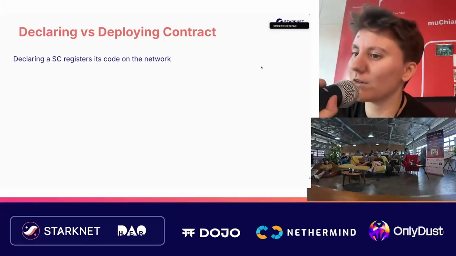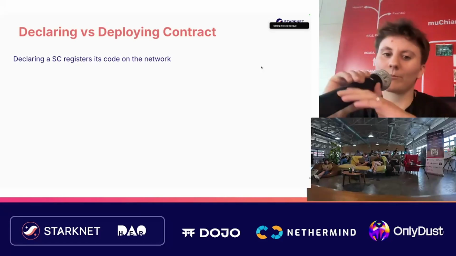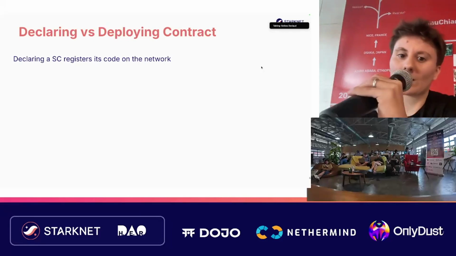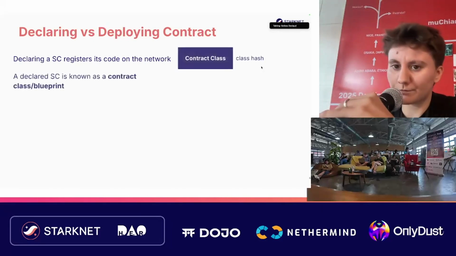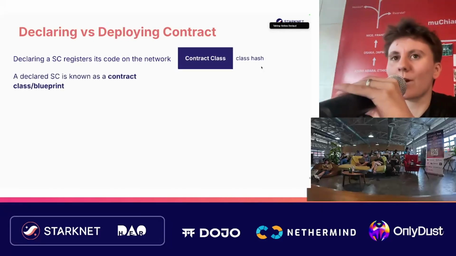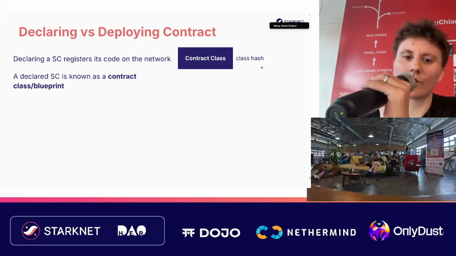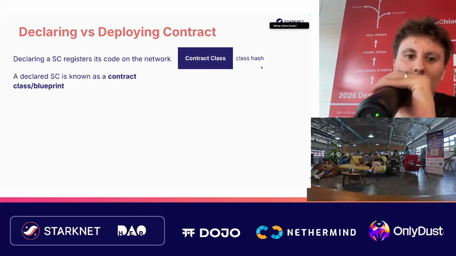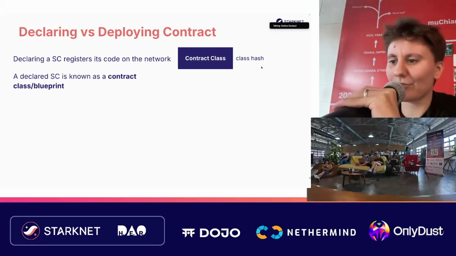We declare a smart contract to have the code available directly on the Starknet network. Declaring a smart contract is known as creating a contract class, or blueprint.